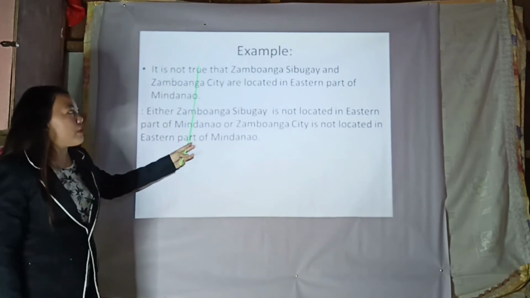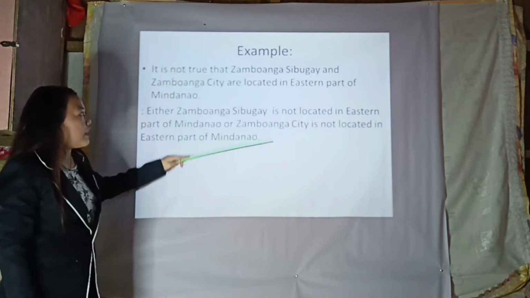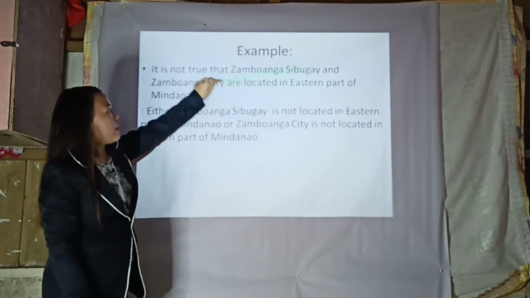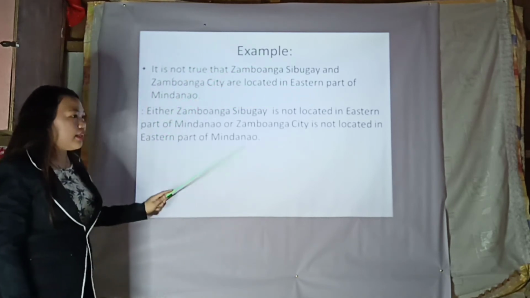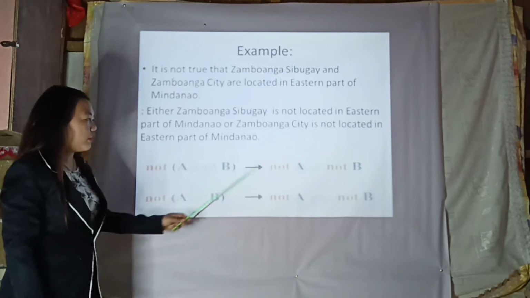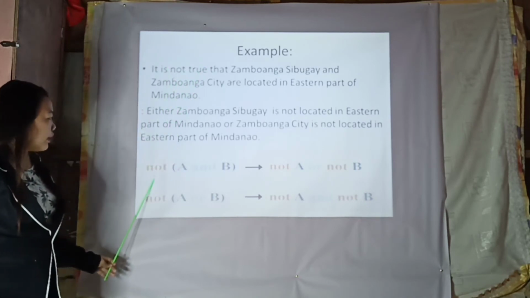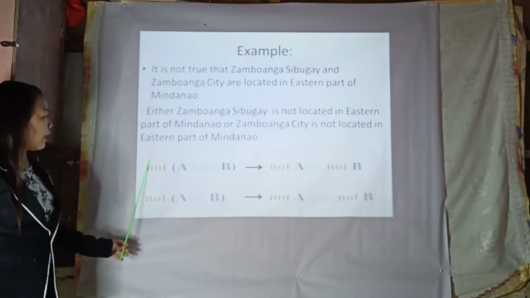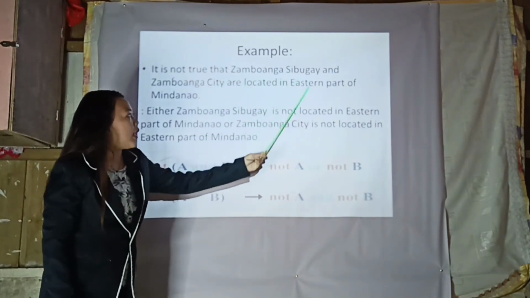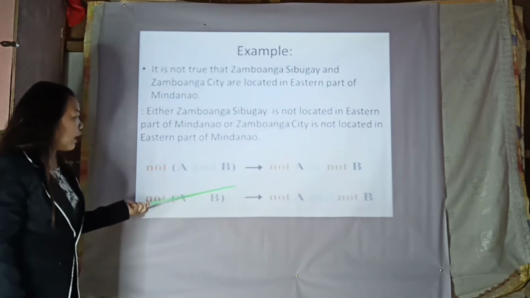Even though the negation of not is true, in this statement it would be like this symbolic form: not true will be the not here, and A and B will be this statement, Zamboanga Sibugay and Zamboanga City are located in eastern part of Mindanao.